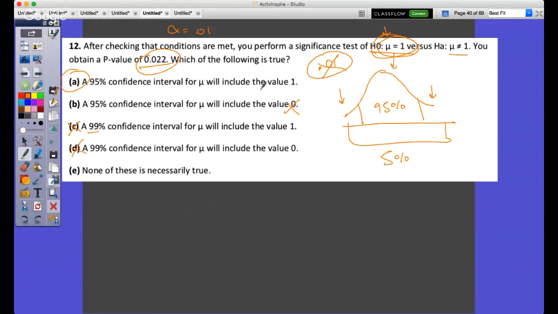Think of this as it is statistically significant here. Because it's statistically significant, that means 1 falls outside of my 95% confidence interval from here to here, right? So 1 would fall outside of my confidence interval of 95%. So I was looking at this. I didn't read it right. A 95% confidence interval will include the 1.